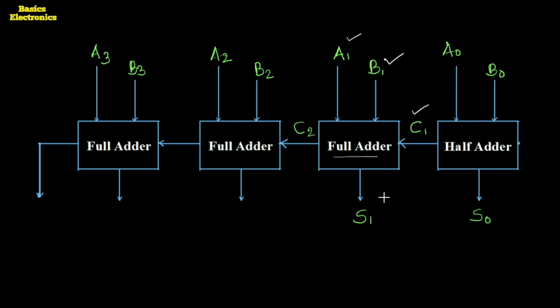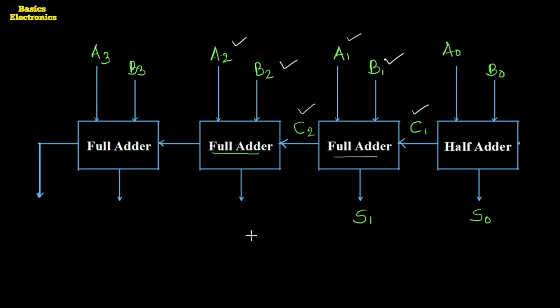The carry generated at this first full adder is applied as a third binary bit to the next full adder. This next full adder performs the addition of three binary bits: A2, B2 and C2.